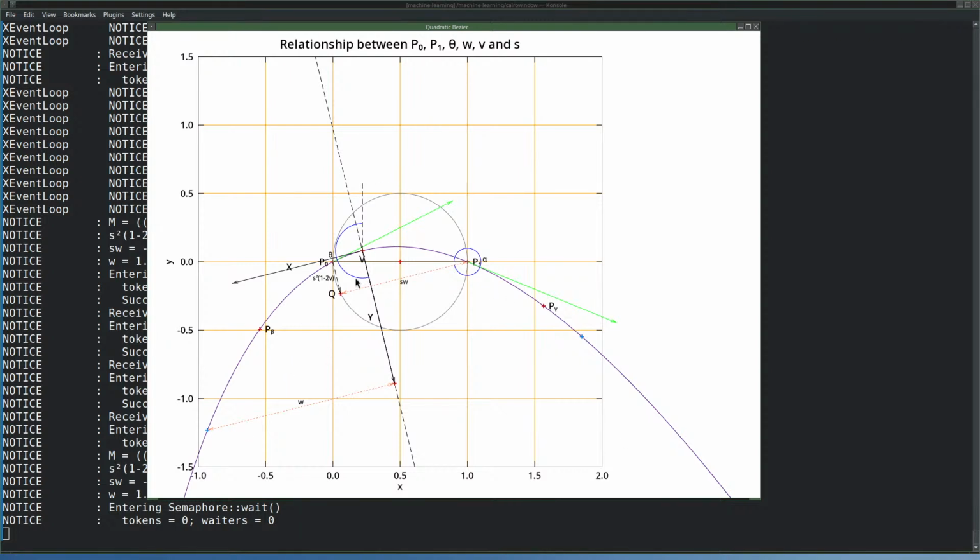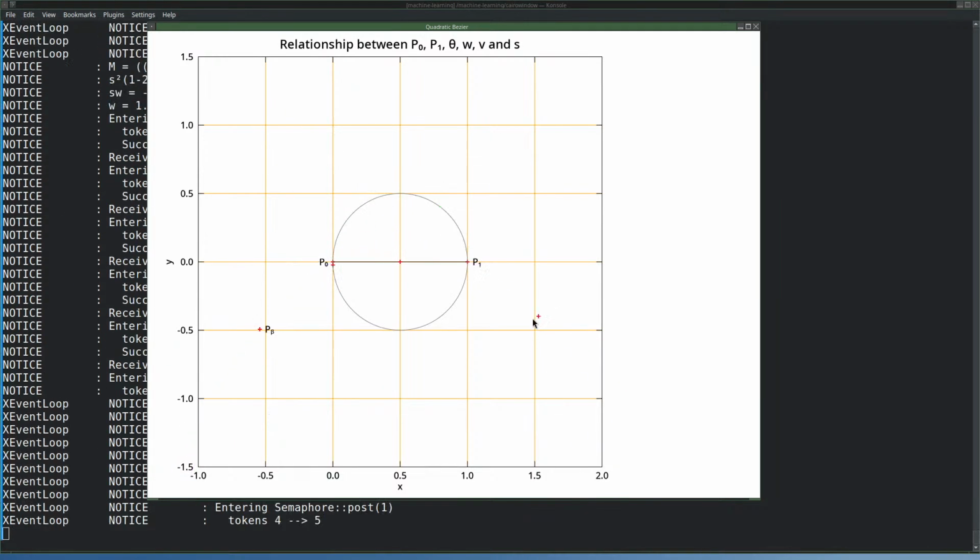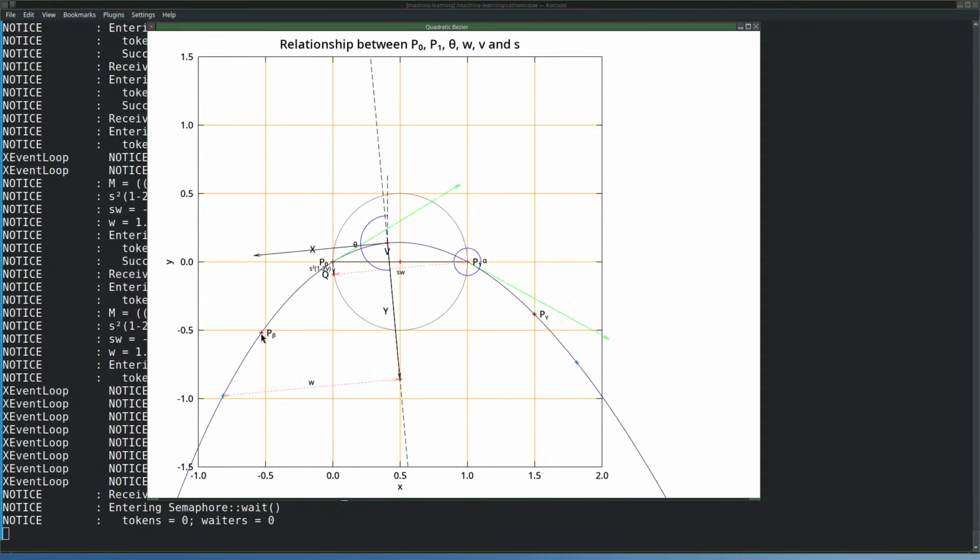Still a parabola, still going through those 4 points. Therefore, I can put P0 and P1 anywhere I want. And then, because I can already put these anywhere I want, I have 4 data points, which I can put anywhere I want. And a parabola fits through it. I mean, a quadratic Bezier curve. A rotated parabola fits through 4 points.